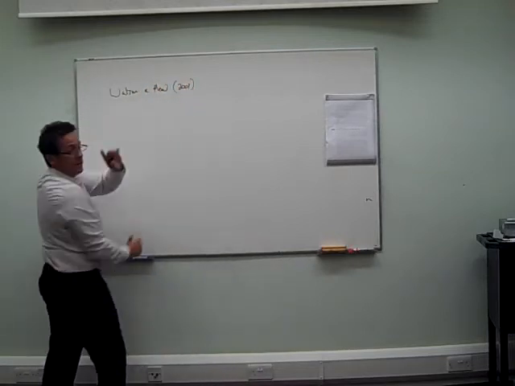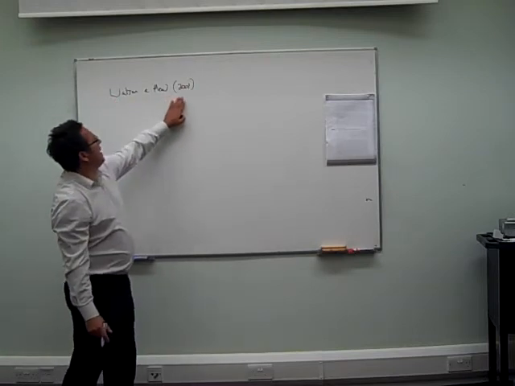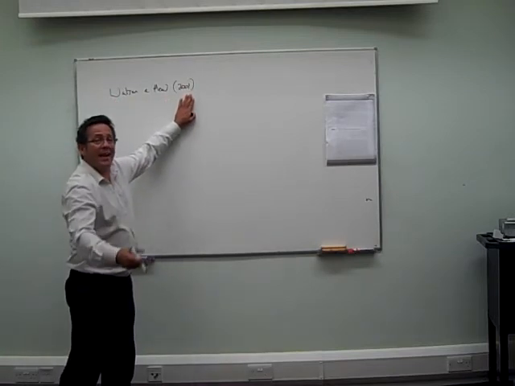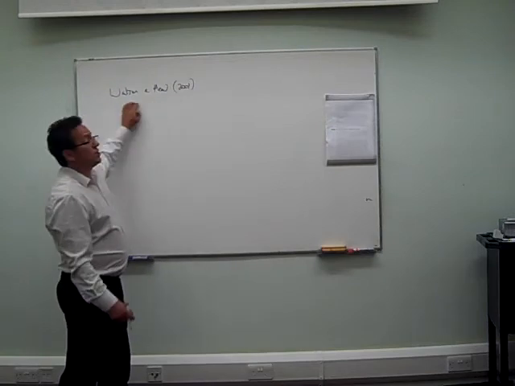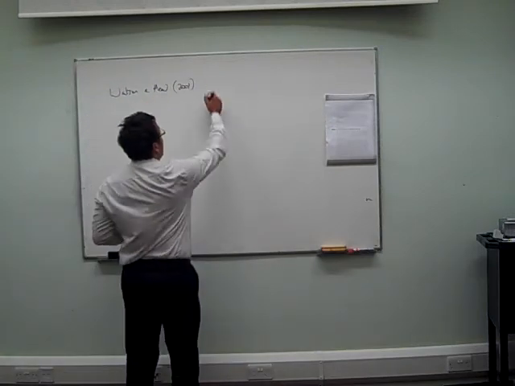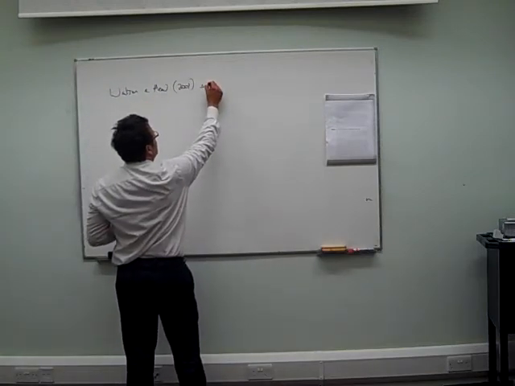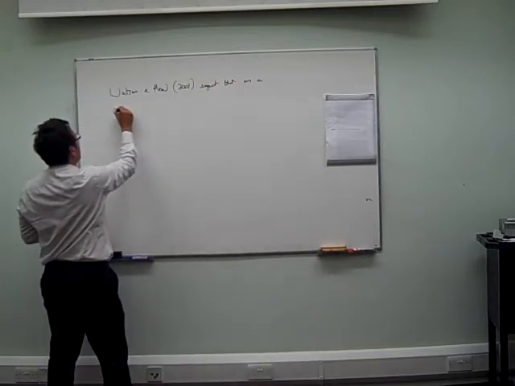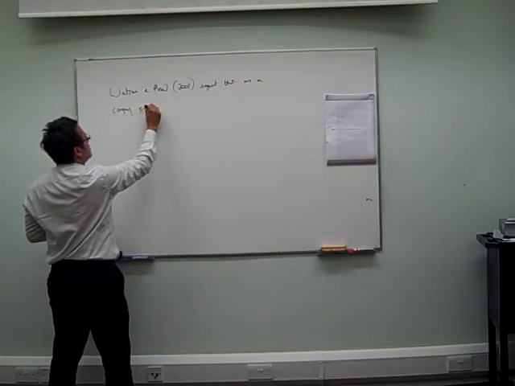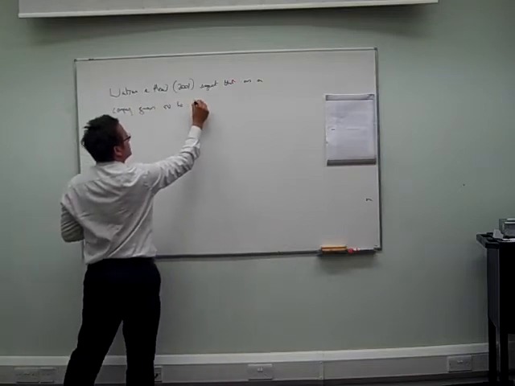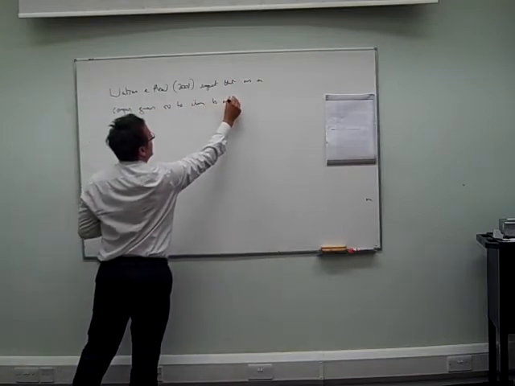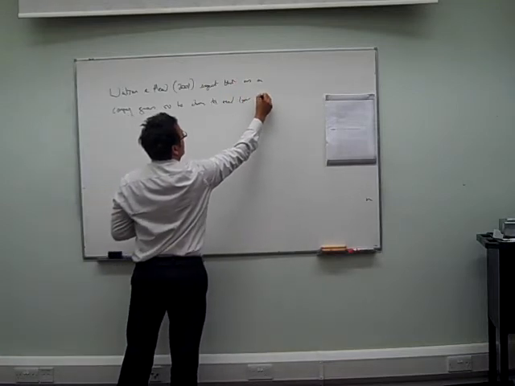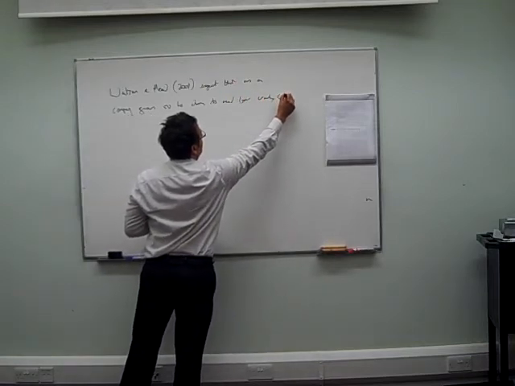Now you notice, importantly this time, the bit in brackets is the 2001, because the Watson and Head would be spoken. So it's Watson and Head suggest that as a company grows, so too does its need for working capital.